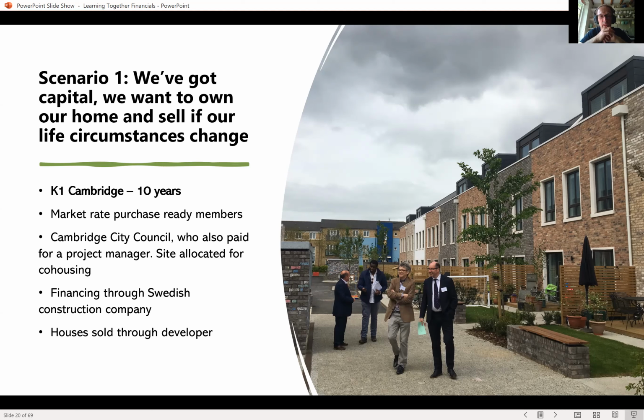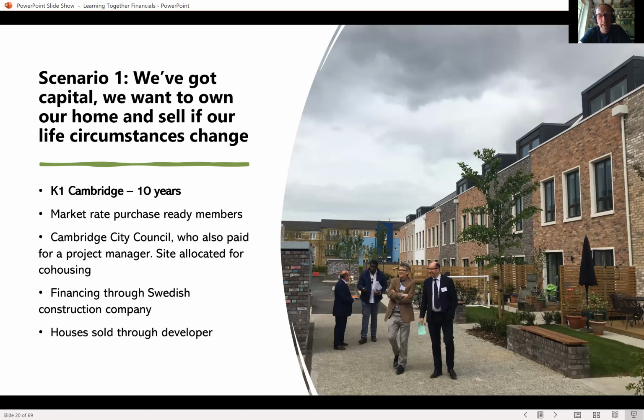This is market rate, as I say, exists within the market, but they did get support from Cambridge City Council, who identified the site that actually came up from bankruptcy from a developer after the last financial crisis. And they paid for a project manager in the early stages to help support a group to get going. And then they secured financing through a Swedish construction company called Trivselhus, who wanted to find a way into the UK market.